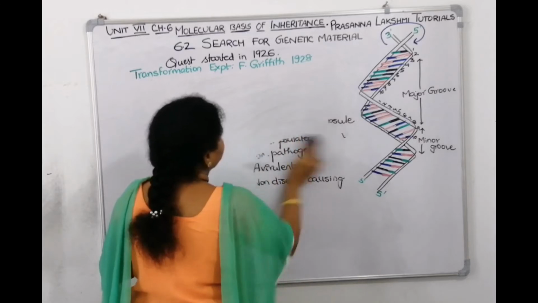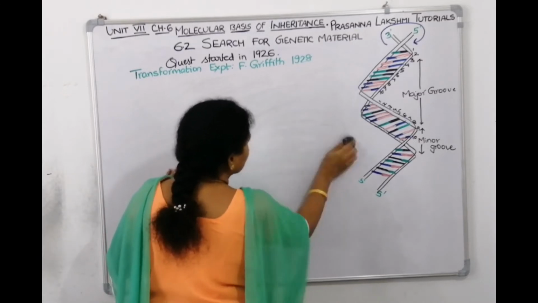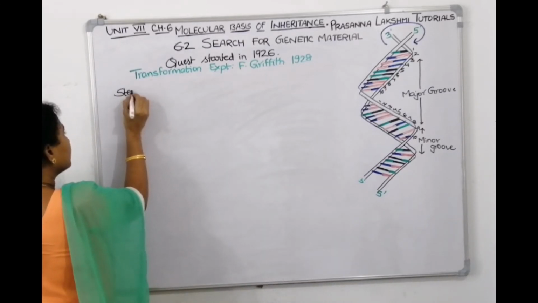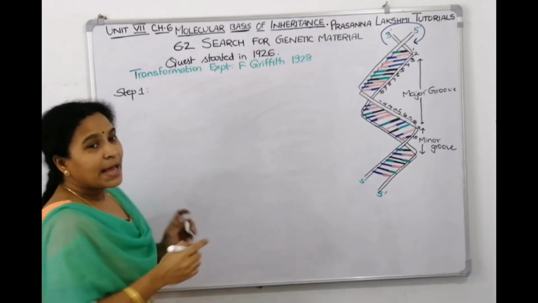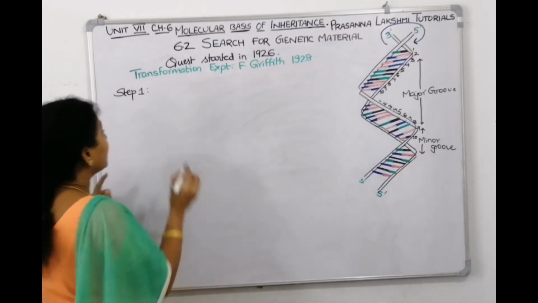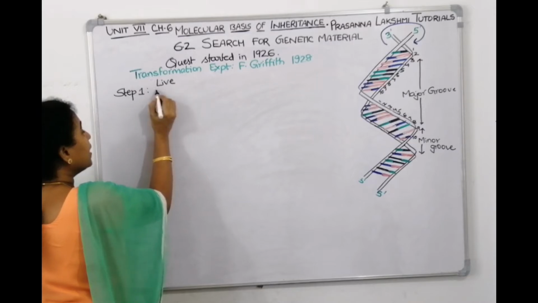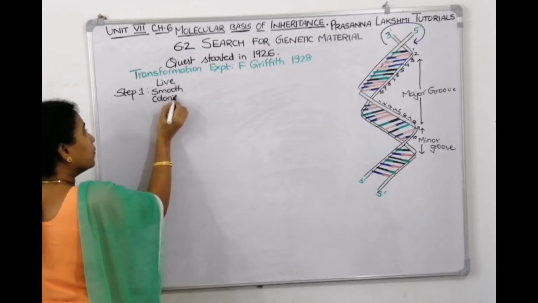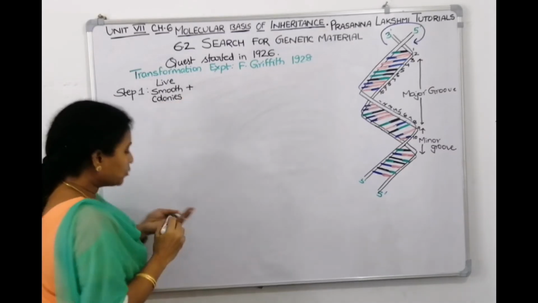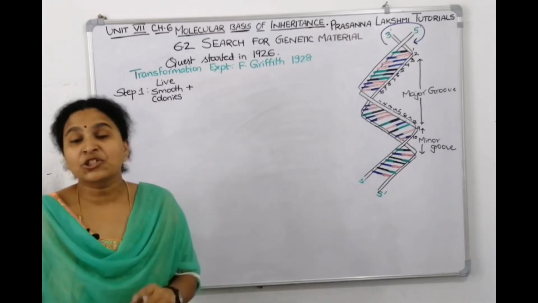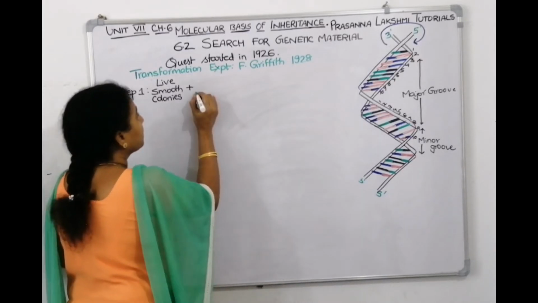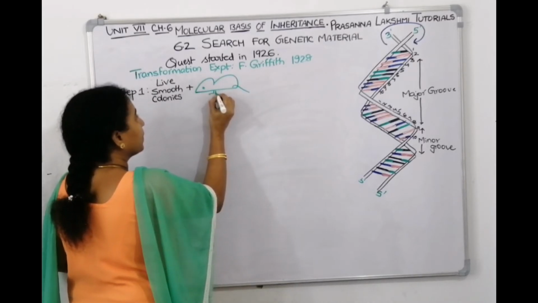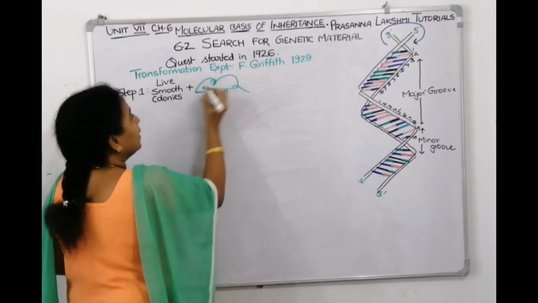He conducted the experiment in 4 steps. Step 1: he has taken live smooth colonies of bacteria and injected them into the mice.